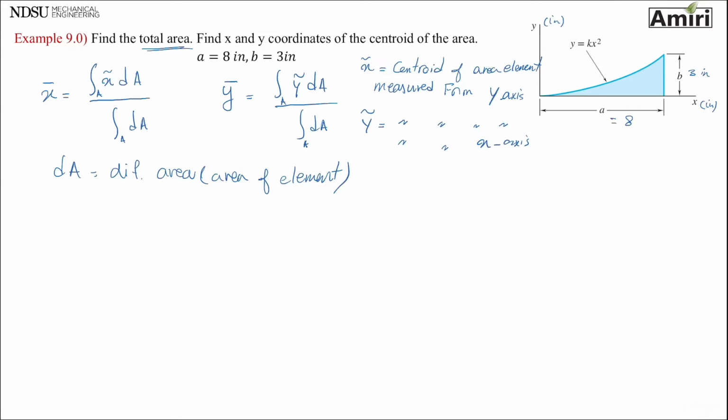And one other thing that I gotta find is bounds of integral, which basically is minimum x, maximum x, minimum y, maximum y, if I'm integrating with respect to x or y. All right, so area element. So I have to find an element here.